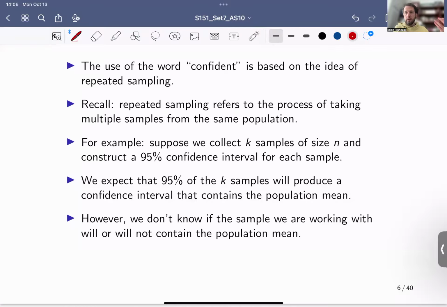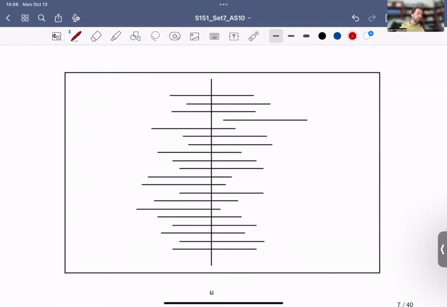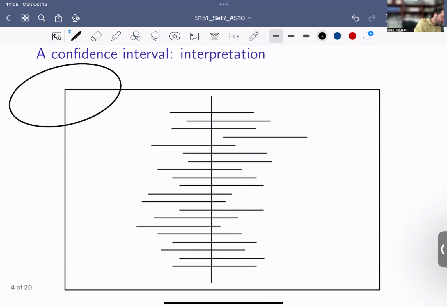Okay, so I'm going to try to illustrate this idea using the following display. So let's suppose that we have some population that we are studying.